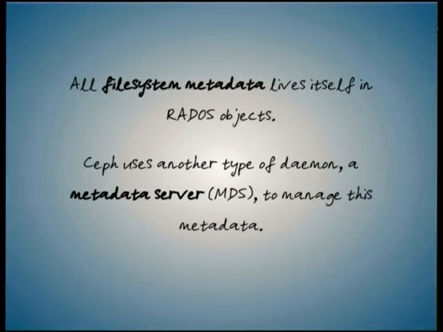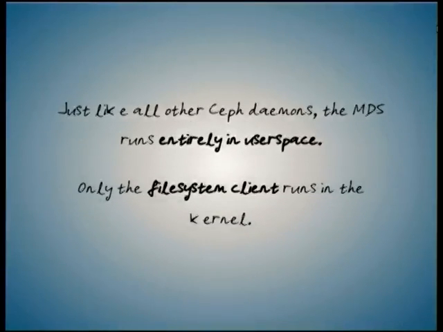And to manage this metadata, we have another type of daemon, the third type of Ceph daemons, called a metadata server, or MDS. File system clients, and file system clients only, no RBD clients, nothing that uses librados directly, nothing that uses the Python bindings directly, only the file system clients actually talk to this metadata server, and the metadata server also caches this metadata for clients to improve performance.